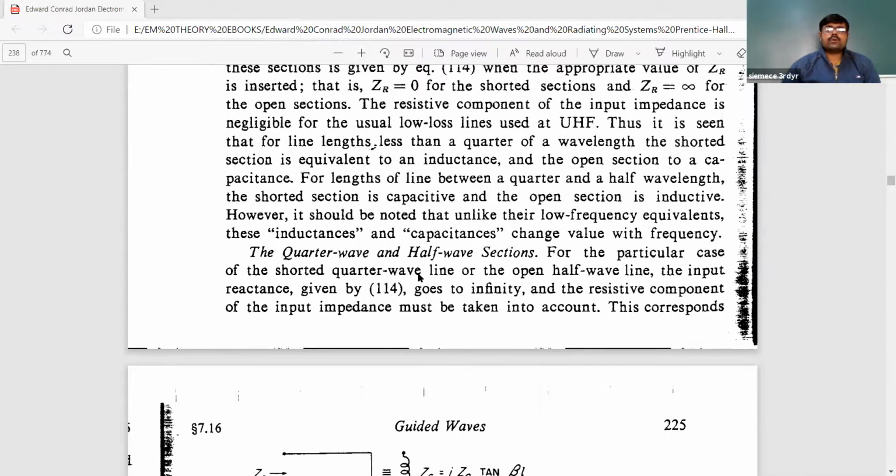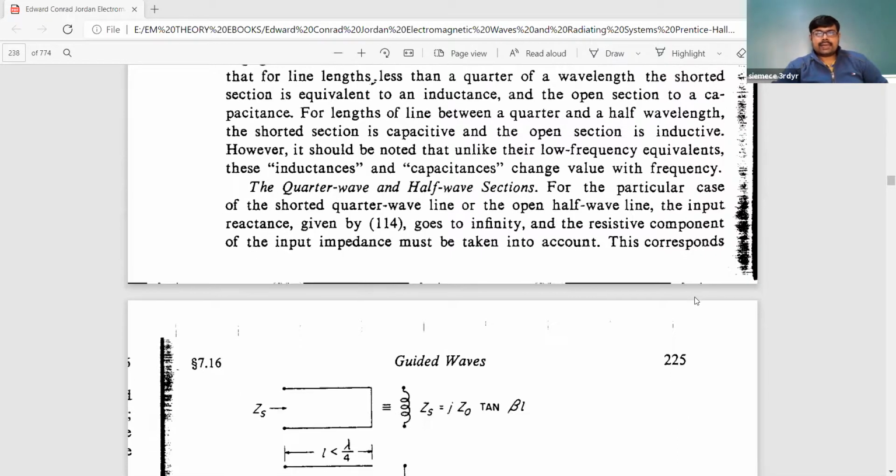So the quarter wave section. Quarter wave is a case specific application. For the particular case of the shorted quarter wave line, that is the shorted lambda by 4 line, or the open half wave line, that is the open lambda by 2 line, we get two different things.